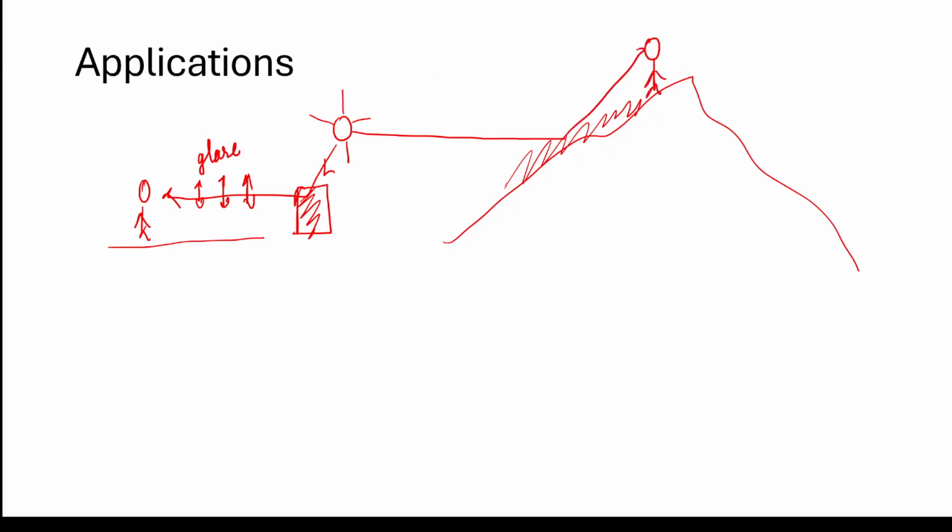Somebody is going up a mountain with a lot of snow. The light from the sun goes onto the snow and gets reflected into your eye. This light, which was not polarized, is now polarized parallel to the surface of the snow, and it is responsible for your glare.